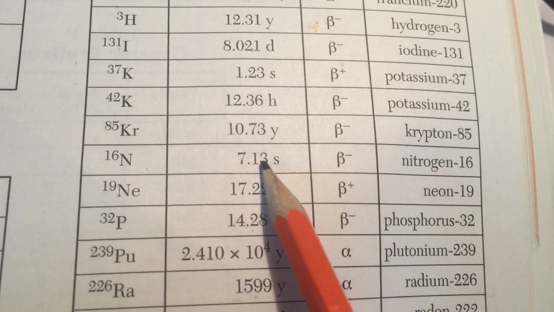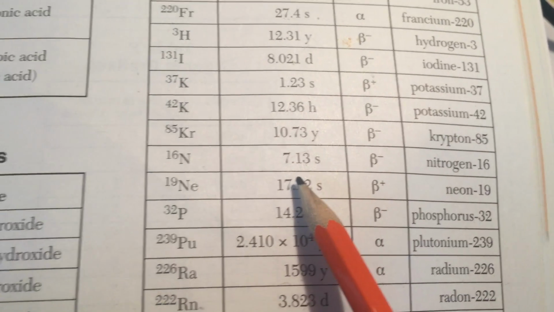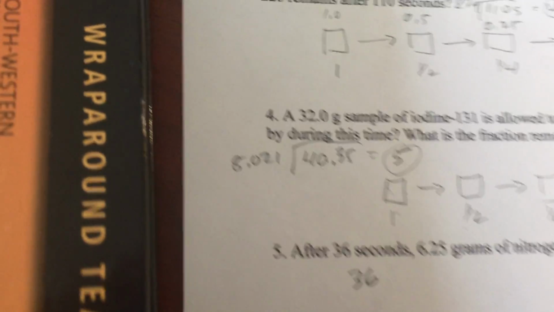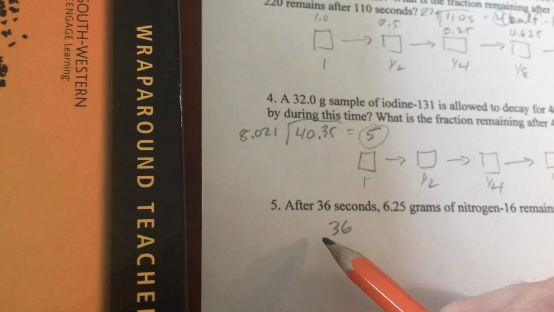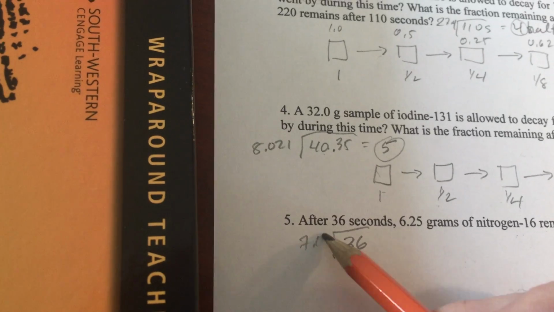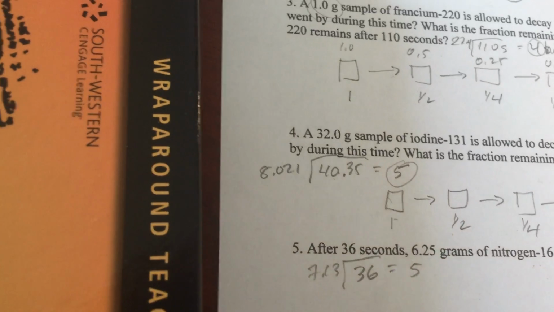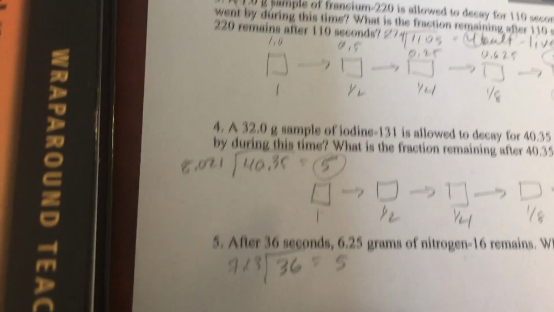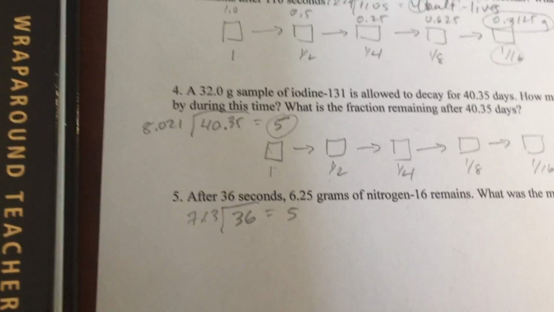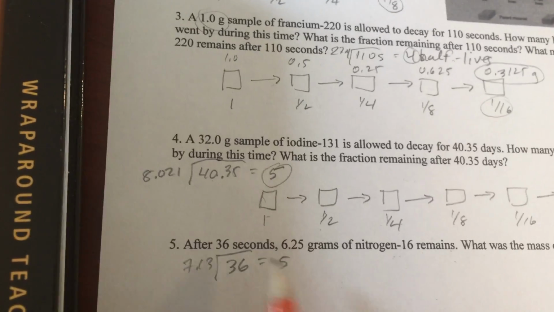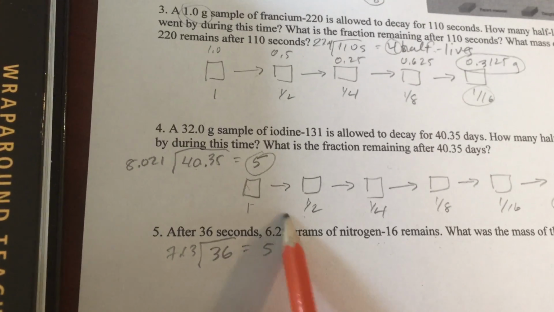Nitrogen-16 has a half-life of 7.13 seconds. So I'm going to divide this by 7.13. 7 times 5 is 35. So this is going to have 5 half-lives.